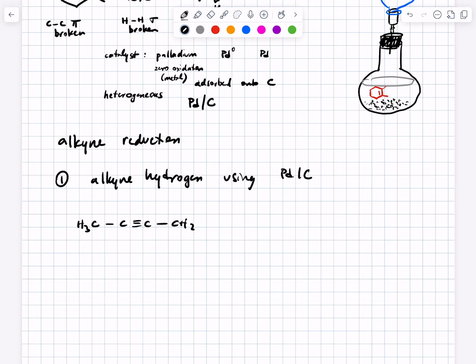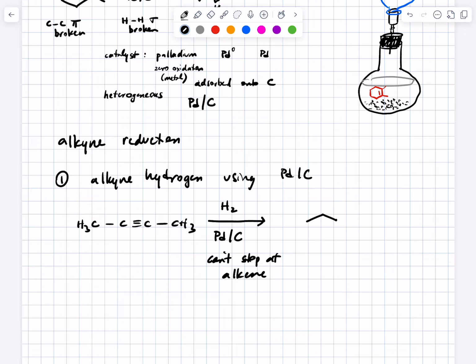First, it will reduce the alkyne to the alkene, but because the catalyst is so reactive, you can't stop at the alkene, but you instead go on to the alkane.